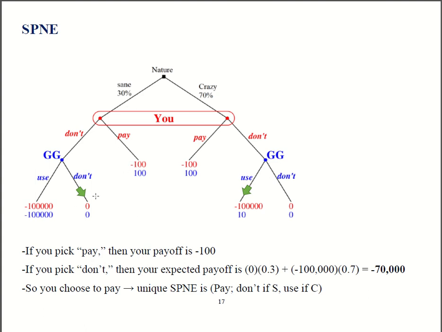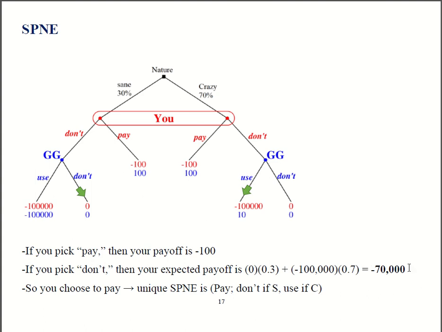With probability 30%, you're over here getting 0, so 0 times 0.3. With probability 70%, you're over here getting minus 100,000, so you take minus 100,000 times 0.7. That works out to 0 plus negative 70,000, which is negative 70,000.